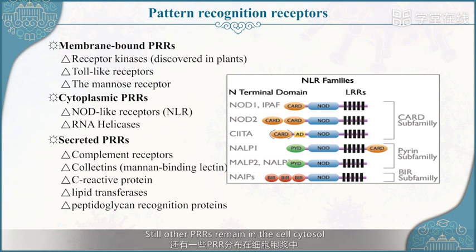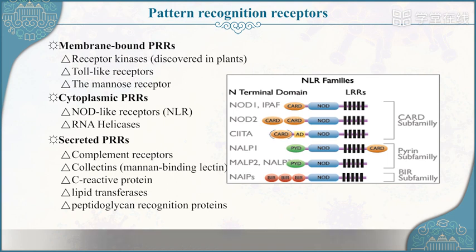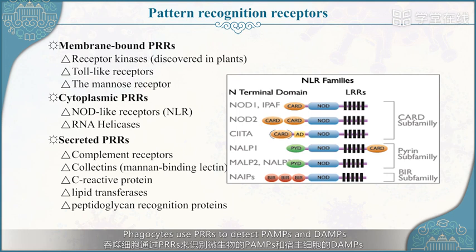Still other PRRs remain in the cell cytosol, the intracellular environment, for detection of invasion. Phagocytes use PRRs to detect PMPs and DMPs on microorganisms and host cells.